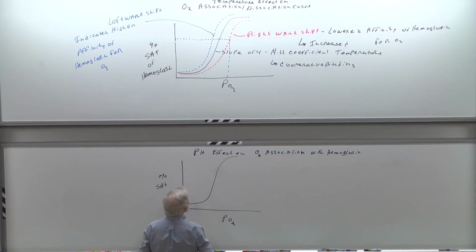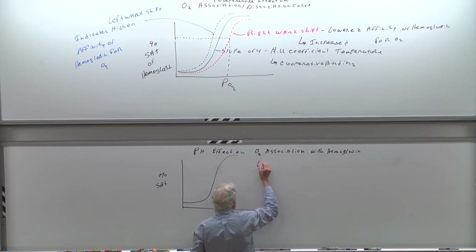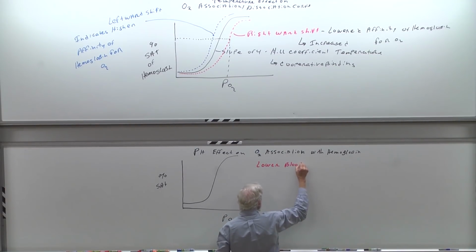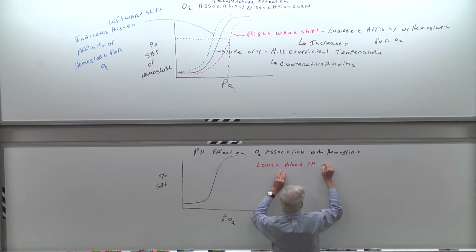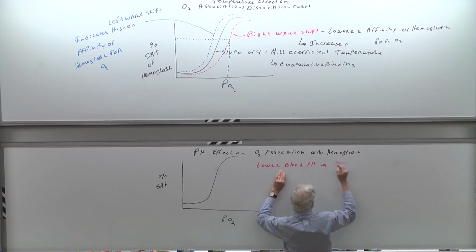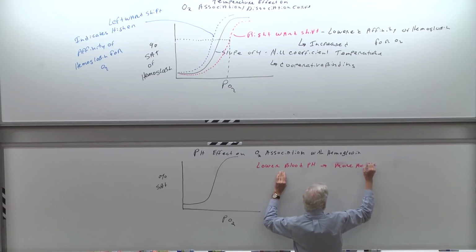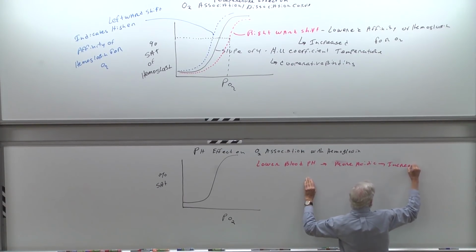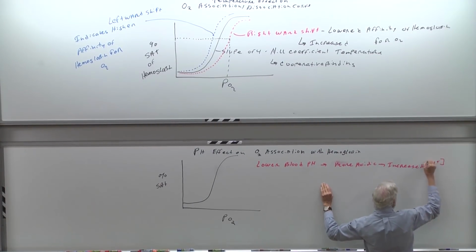But now we see that if we lower blood pH, and remember from chemistry, lowering the blood pH simply means more acidic, that it's the increase in hydrogen ion concentration.